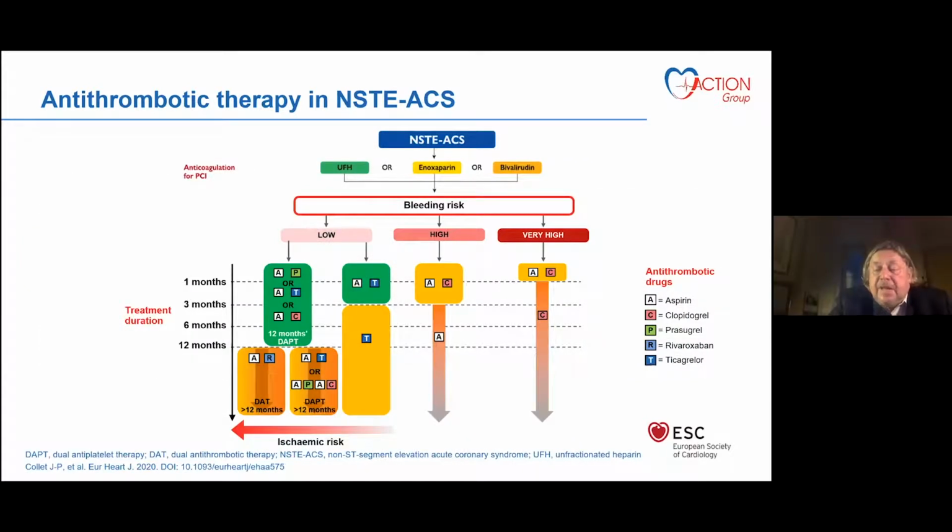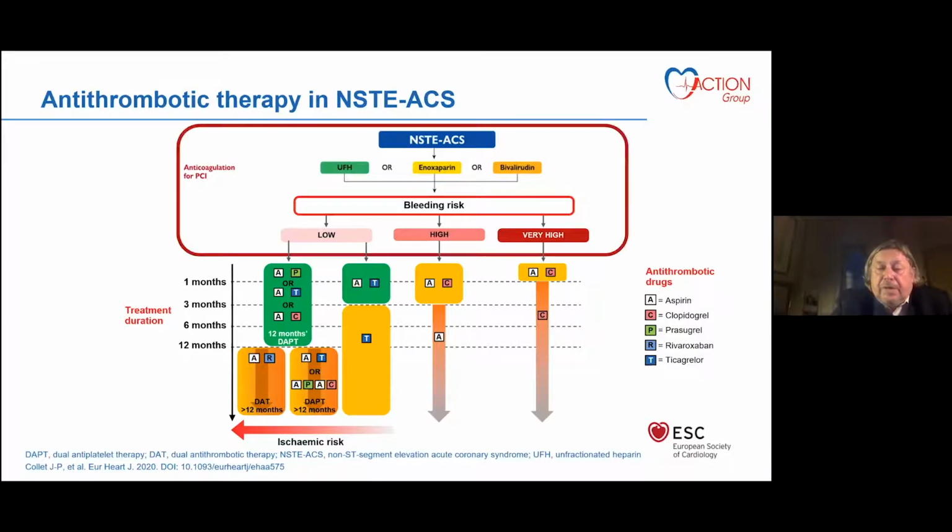And here is my last slide, and I would just like to focus again on the upper part of the slide. Here we have a patient with a non-STEMI, and we heard about the anticoagulation, which could be unfractionated heparin or enoxaparin, or in certain situations a bivalirudin. So this is given to most of our patients. All these patients will usually receive aspirin on the way to the cath lab.